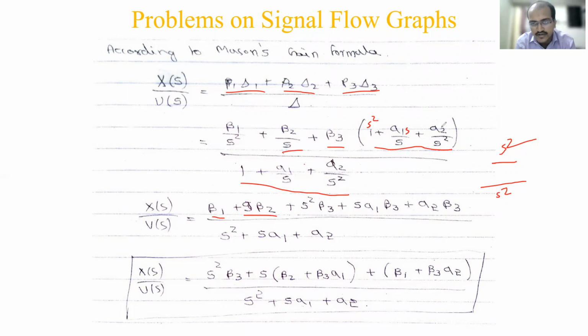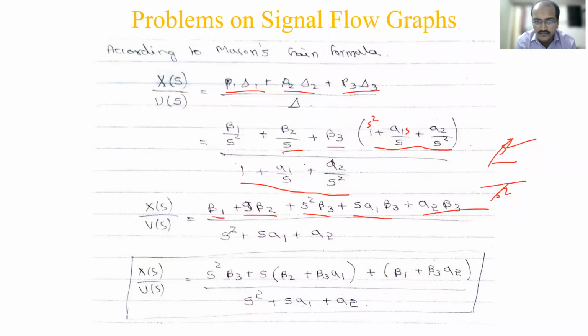Instead you can write it in the next step, but simply it is wasting time now. Directly I have written this S square is multiplied here: S square into beta 3, then S A1 into beta 3, and then A2 into beta 3, whole divided by S square. Both S square we know, that's why it is cancelled out directly, not written at all.